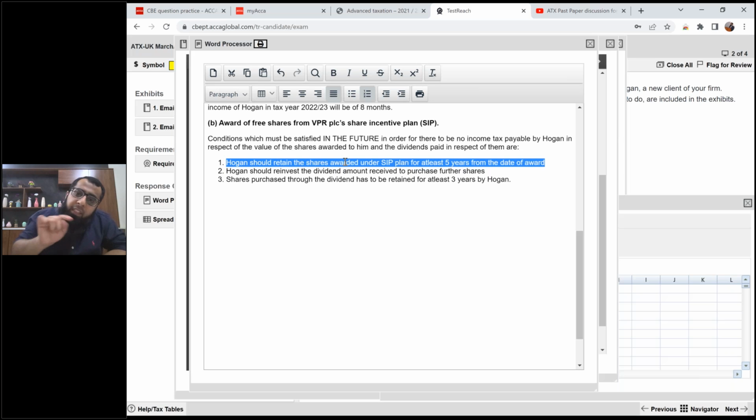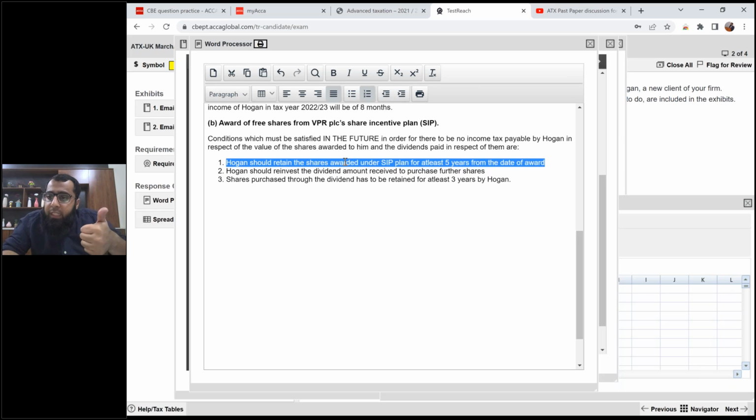If you sell within 5 years, there will be tax. Now, what will be the tax amount? If you sell within 3 years, the tax will be on disposal proceeds. If you sell after 3 years but before 5 years, then tax will be on the lower of two things: the disposal proceeds and the market value on the grant date. Okay, but this rule was not required to be written in the answer here because it was just a 3 marks requirement.